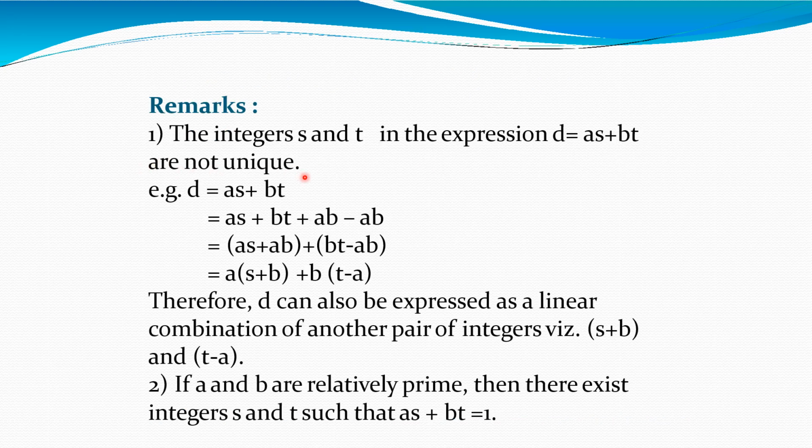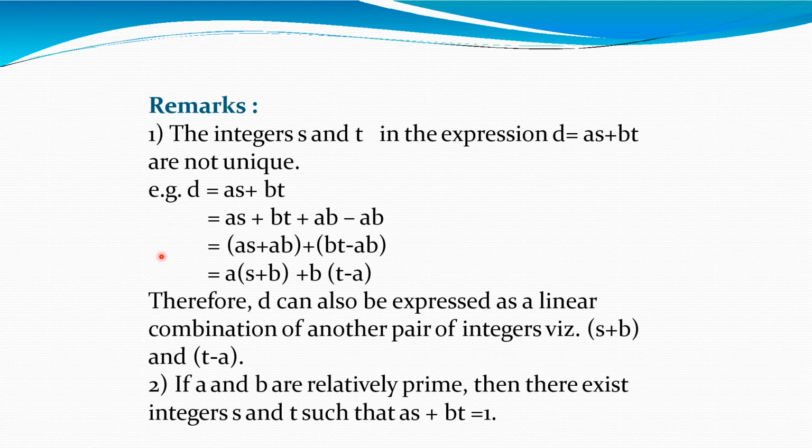Now, we have just seen that the GCD can be expressed as a linear combination of given integers. At that time, we get some integers s and t, but these integers s and t are not unique. It means we may get more than one pair also. Suppose the first linear combination is d equal to as plus bt. Then how do we find another combination? For that we can write d equal to as plus bt plus ab minus ab. So we are adding ab and again subtracting ab so that the expression remains equal.